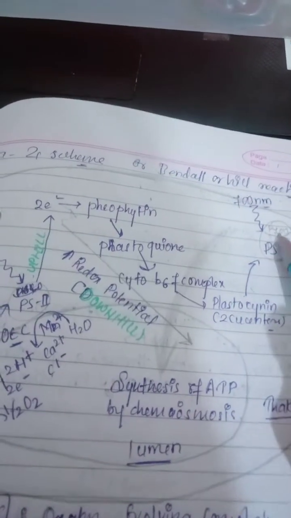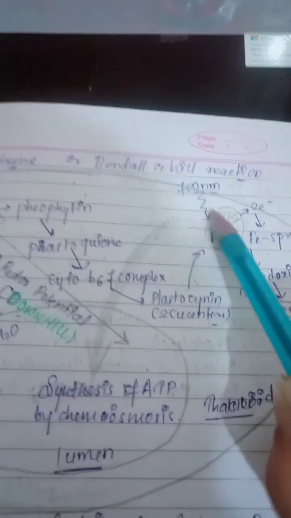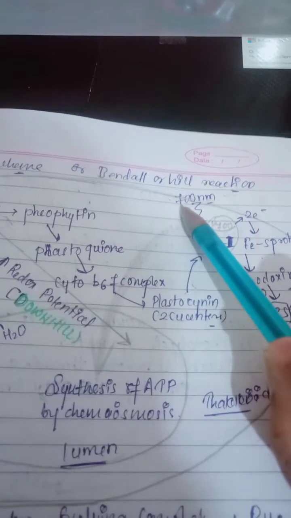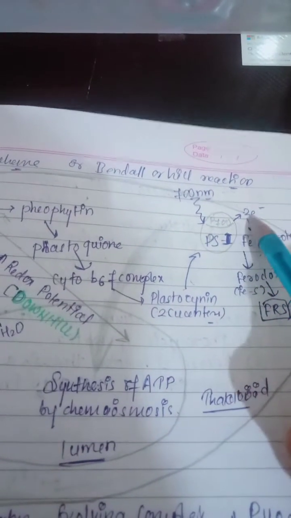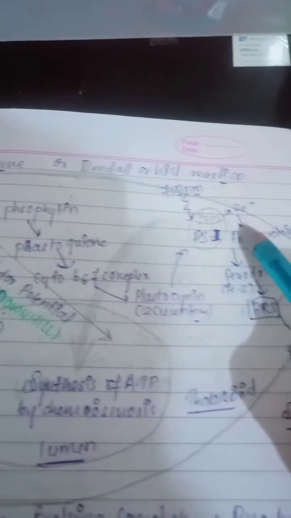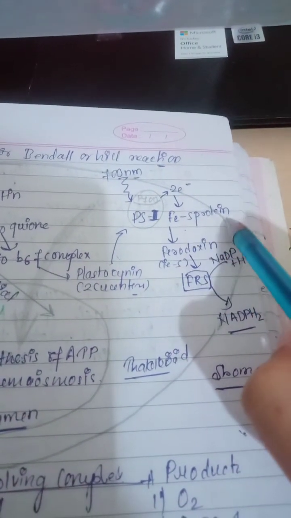Now this plastocyanin gives this electron to PS1, and PS1 takes the light of 700 nanometer and releases 2 electrons, which are given to the FeS protein.